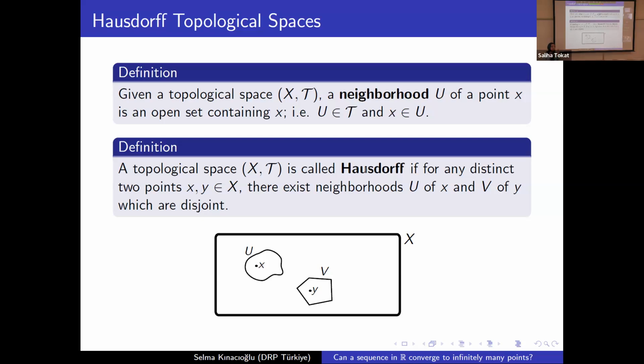Any open set, any set that belongs to T, that contains this point can be considered a neighborhood of the point. So a neighborhood in topology can be considered as any open set that contains that point, which has to belong to the topology. In other words, given a topological space X and T, a neighborhood U of a point x is an open set containing x, such that U, as I said, has to be in the topological space.